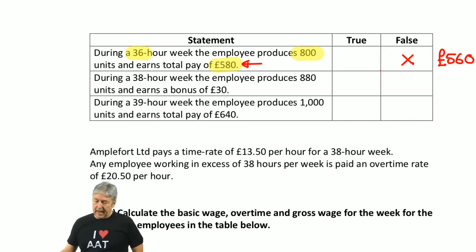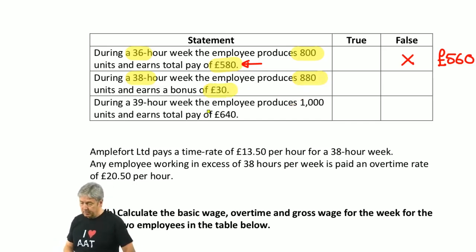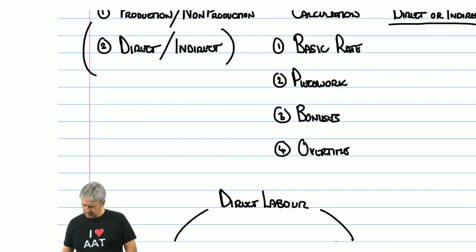Right. Now let's move on to the next one. During a 38-hour week, the employee produces 880 units and earns a bonus of £30. So here we're simply focusing on the bonus and nothing more. Okay, so if that's the case, we don't need to do the basic rate stuff.